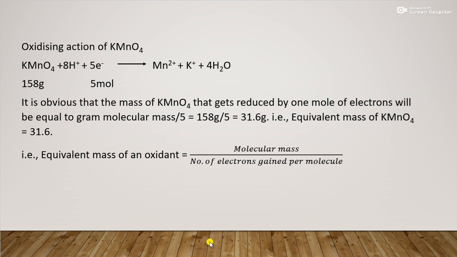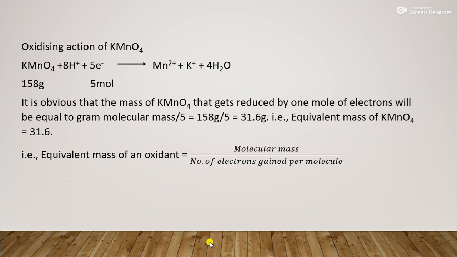This is because there are 5 electrons in the reaction given above. So we have to divide this gram molecular mass of KMnO4 by 5. Okay. So 158 divided by 5 is equal to 31.6 gram. That is, the equivalent mass of KMnO4 is 31.6.